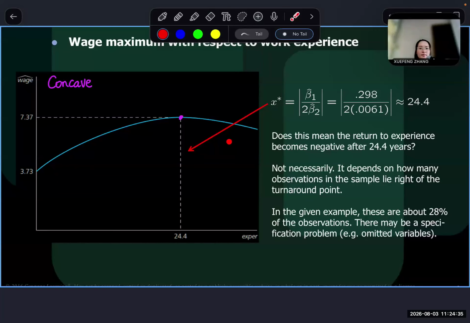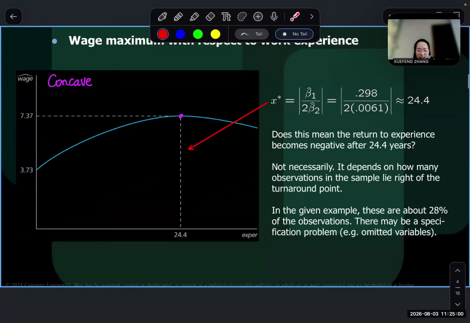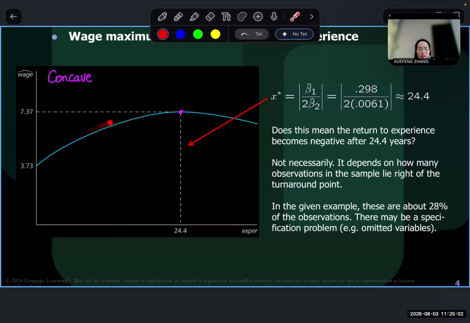But wait, does experience really hurt your wage after 24 years? Not necessarily, right? Here's why this number can be misleading. Think about what a quadratic is. Basically, we just borrow the quadratic equation from mathematics, and then we get this kind of concave shape.